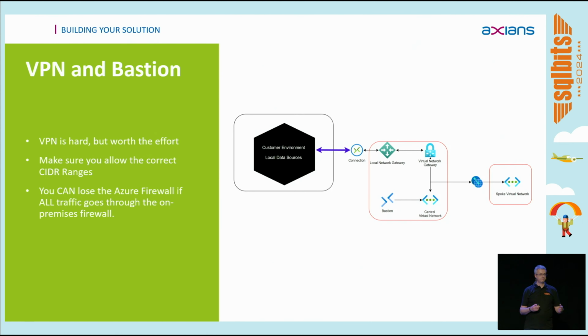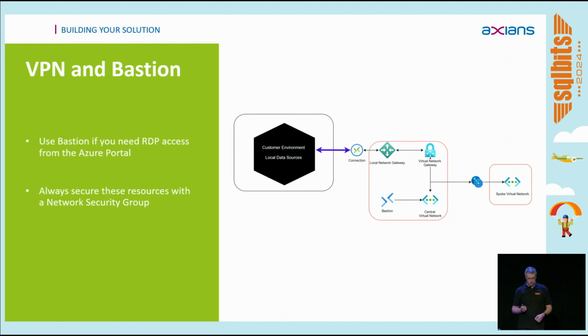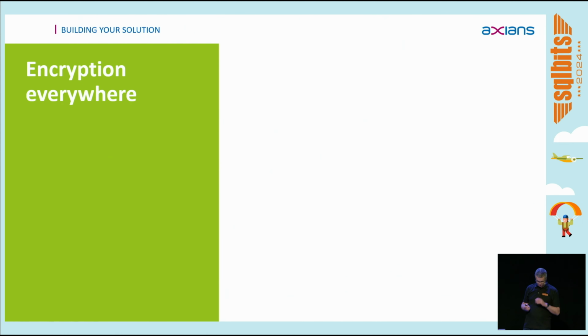Usually there is, so this is a bit of a moot point, but it is possible. For the Bastion service, it's an easy way to get an RDP access to your virtual machine. Again, always secure these resources with the network security group.